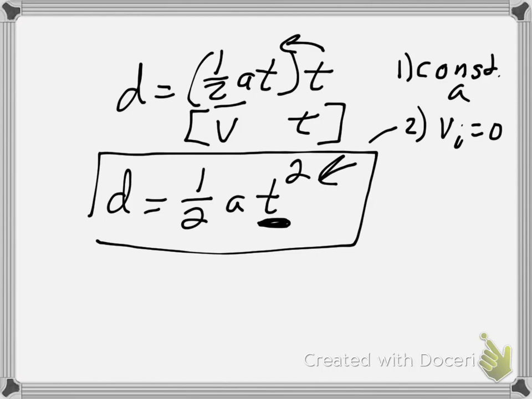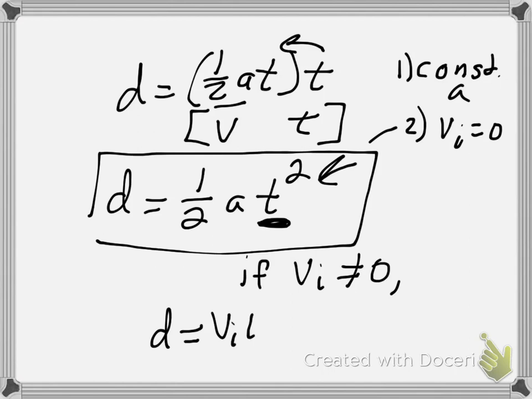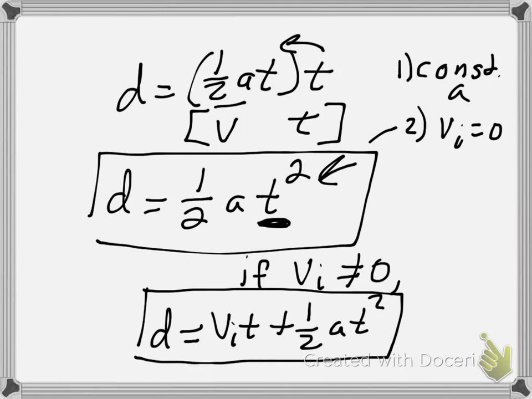If there was an initial velocity, if it doesn't equal 0, then we can modify the equation to read d equals v_i t plus 1/2 at squared. All right? So this is the formula that relates initial velocities, distances, accelerations, and times.